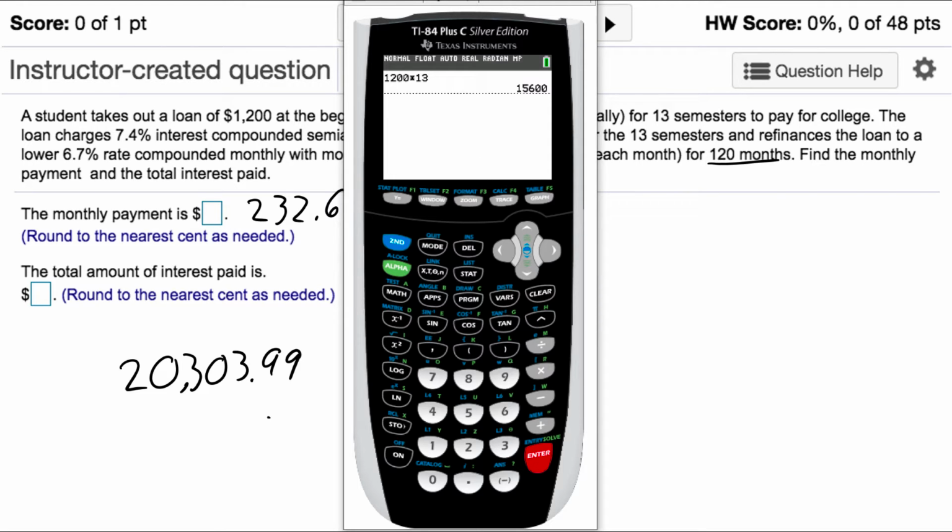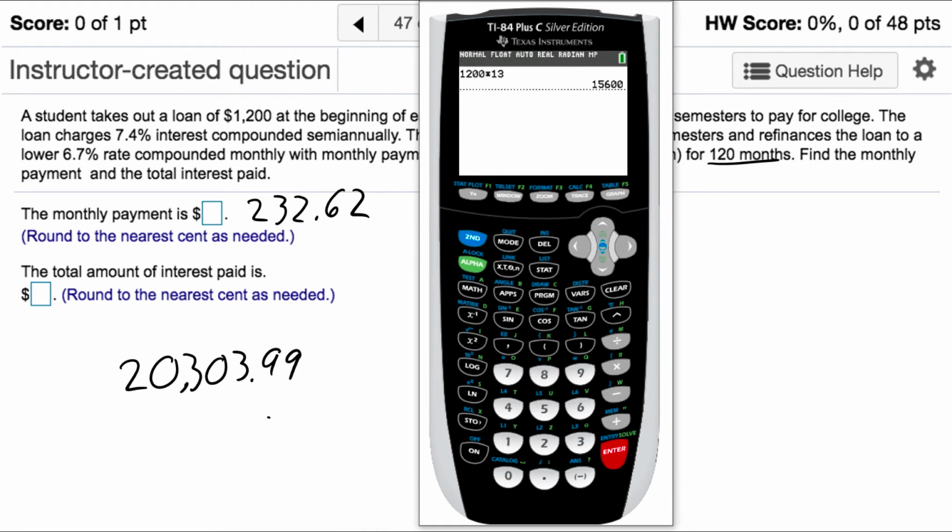$15,600. Then the student paid back to the bank $232.62, and they made that payment 120 times. So times 120. So that's $27,914.40.